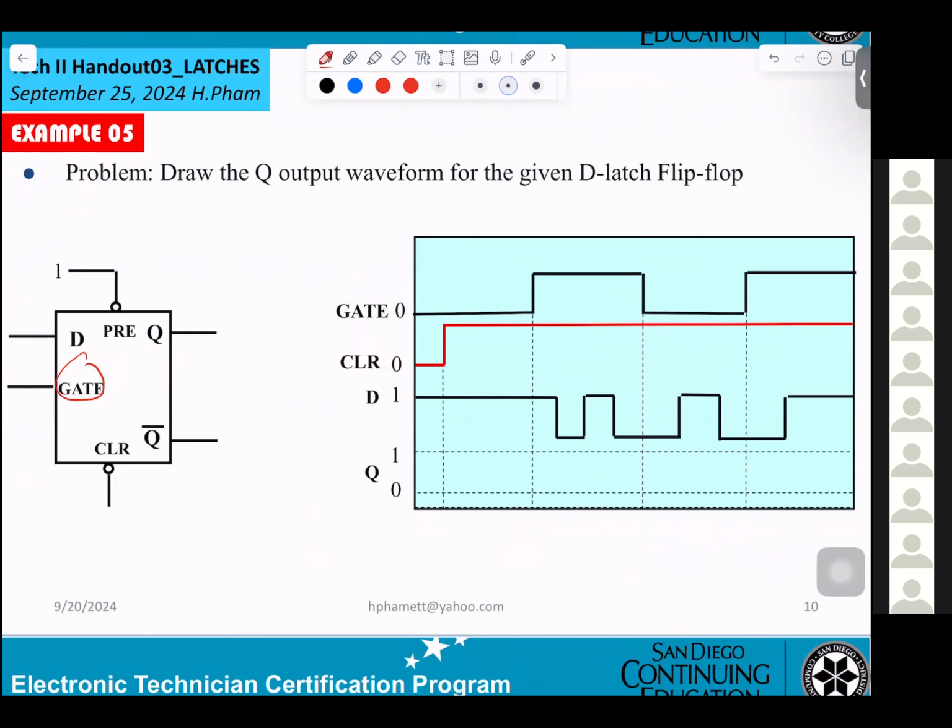Problem: draw Q output for the given D latch. Remember, this is a D latch.